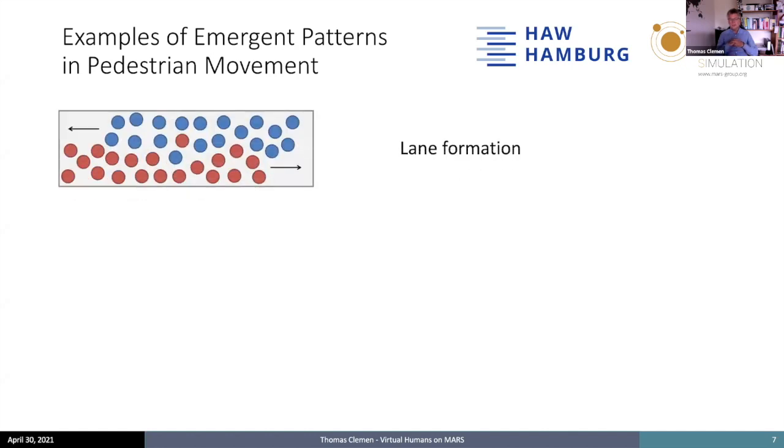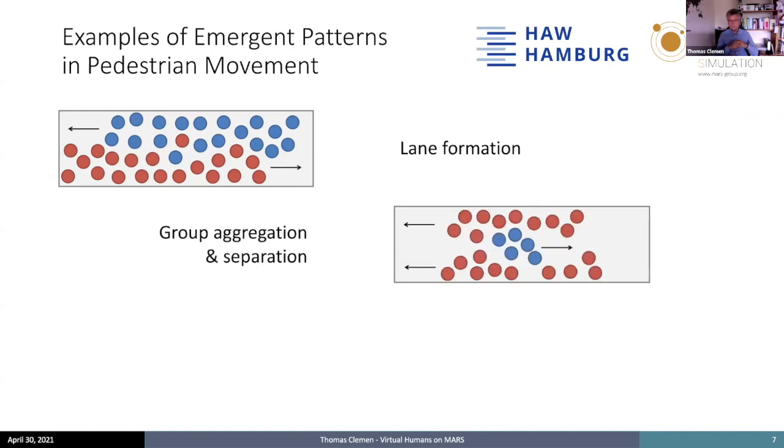The first one, you probably know this if you're running or going through some subway tunnels during rush hour, and there are large crowds of people trying to rush in or rush out. What we can observe in real life and in the models is some kind of lane formation behavior. Another one is group aggregation and separation.